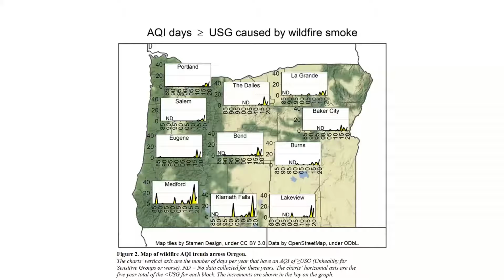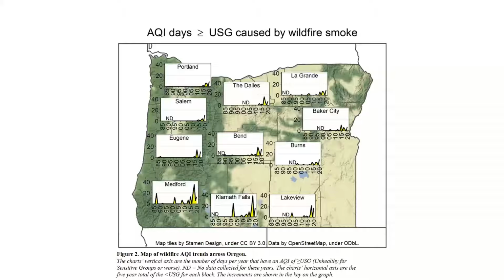I'll just quickly go over, for those who aren't as familiar, air quality: good air quality is about 0 to 50% of the air quality standard, moderate is 51 to 100% of that standard. Unhealthy for sensitive groups, USG, is up to 150. So here we have air quality days greater than or equal to unhealthy for sensitive groups caused by wildfire. That's up to 150 on the air quality index scale, or up to about 55 micrograms.